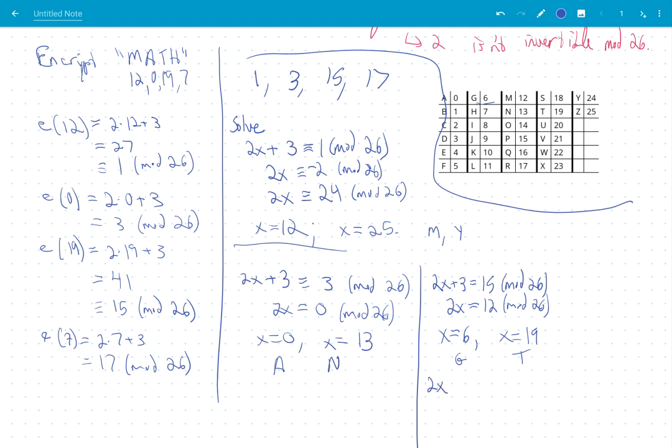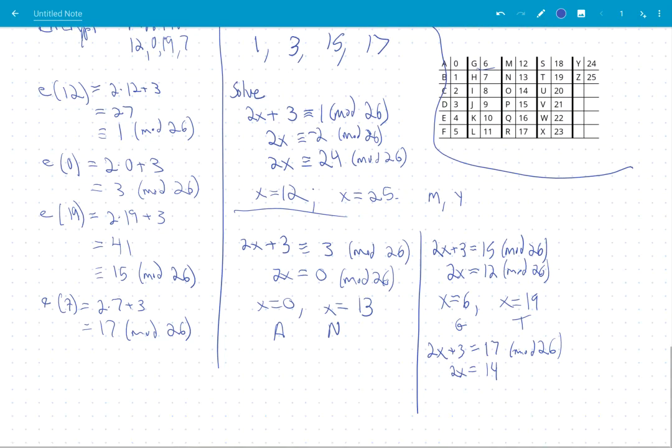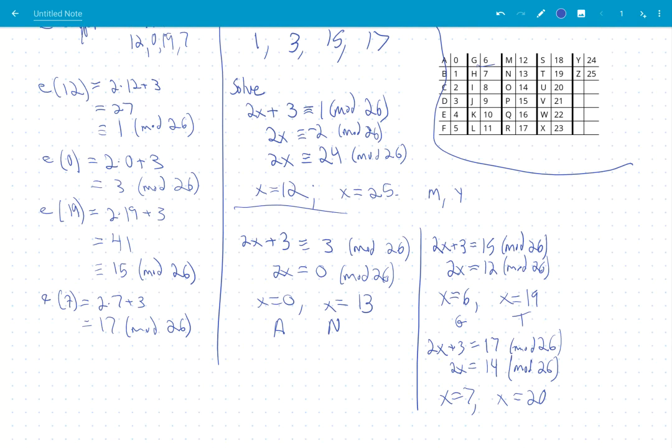And then finally, for the last letter, 2x plus 3 is equal to 17 mod 26. Well, one of the answers would be 2x is 14. Again, mod 26, what values make this true? The obvious answer is x being 7, but the less obvious answer is x being 20. 2 times 20 is the number 40, which is congruent to 14 mod 26. Just subtract 26, confirm that.